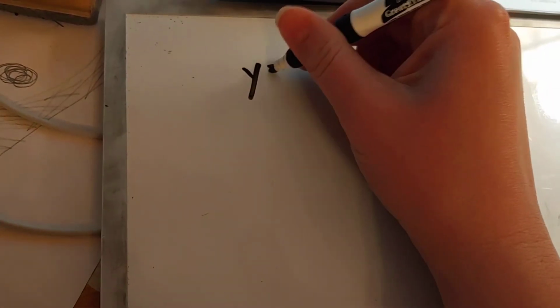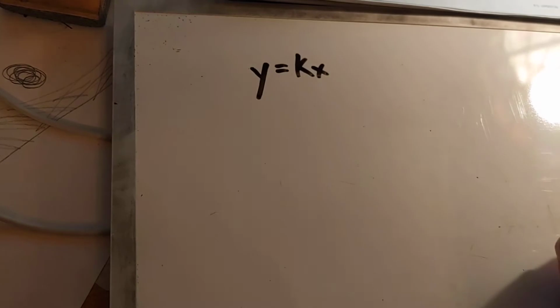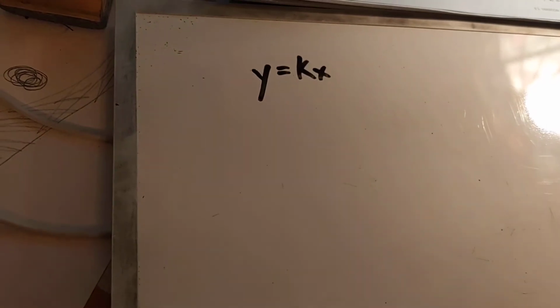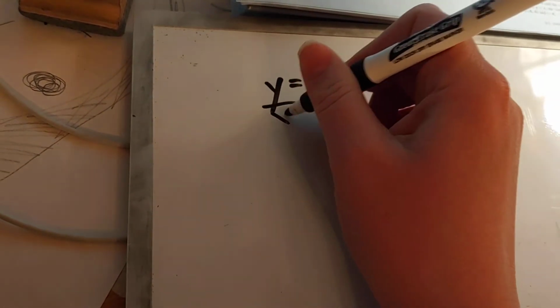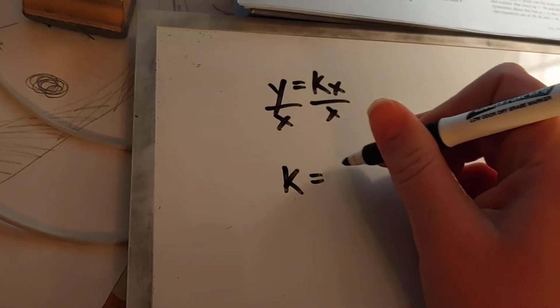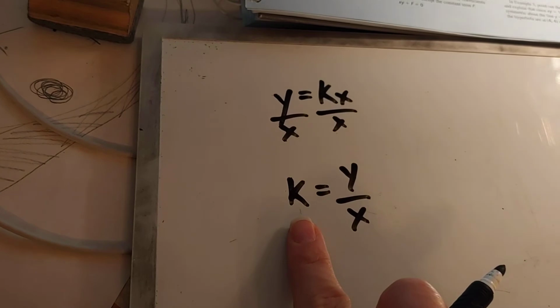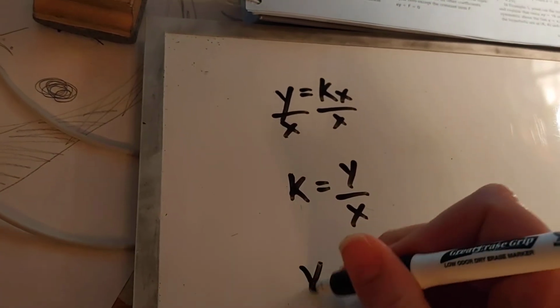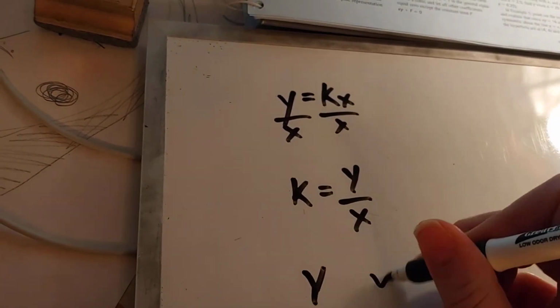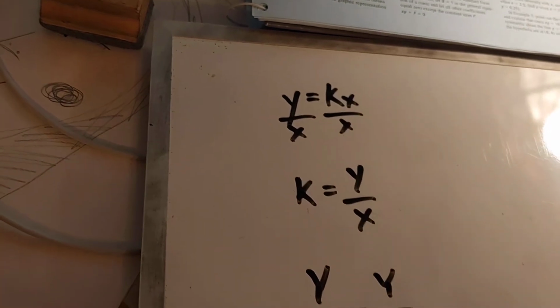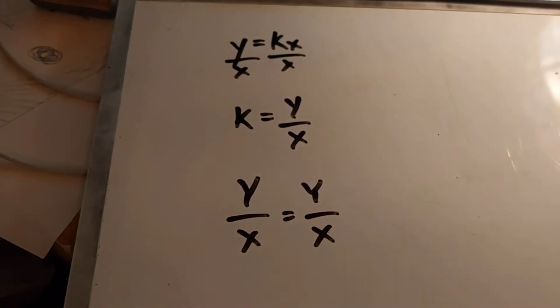We know that direct variation is indicated by y equals kx. Now, if I isolate or solve for k, divide both sides by x. That means that k equals y over x. Simple enough. If I turn this k into a y over x, that means that y over x equals y over x. In this particular problem, they're not saying y's and x's.